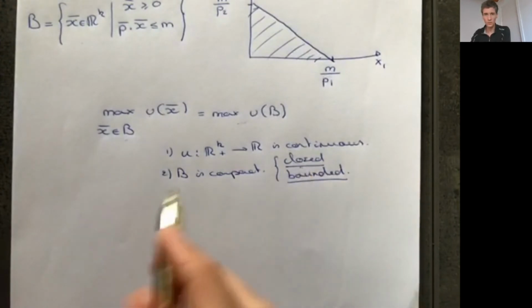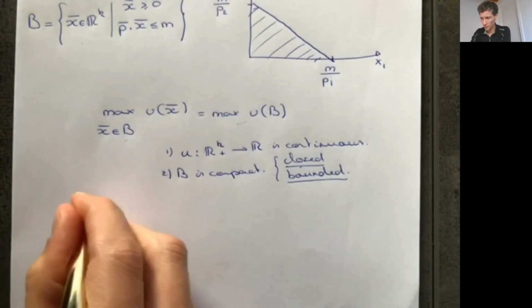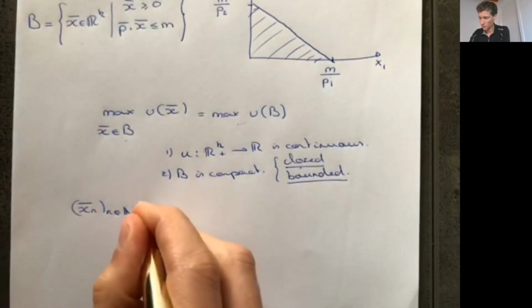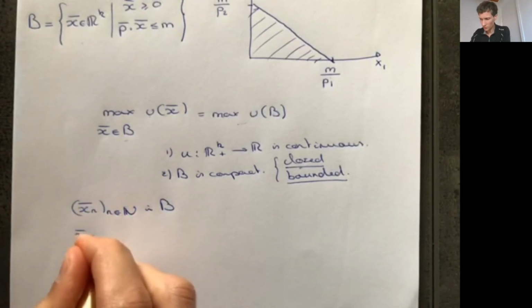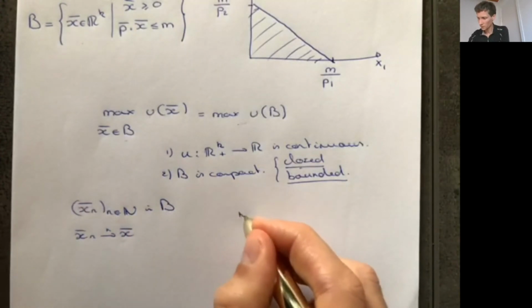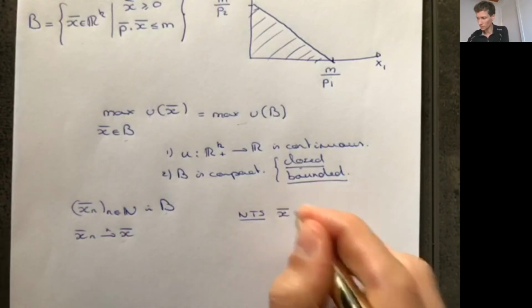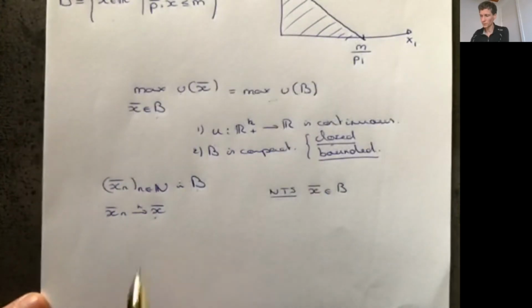So first of all, in order to show that this set is closed, what do we need? We need a sequence of bundles in the budget set, and the sequence x_n converges to some bundle x. And in order to show that the set is closed, we need to show that the limiting bundle here is also in B. So what does it mean for this sequence to be in B?